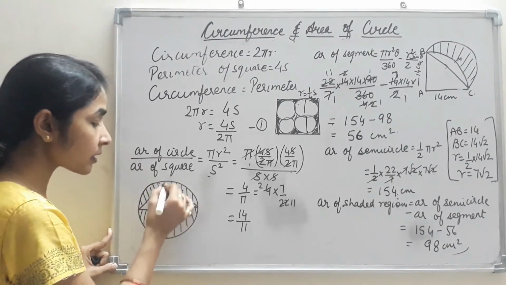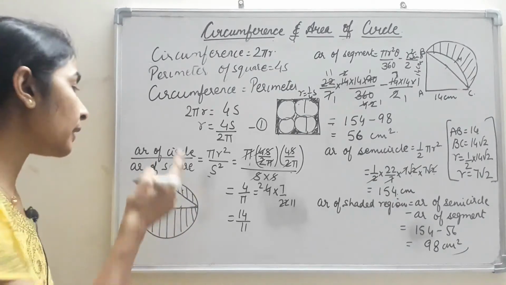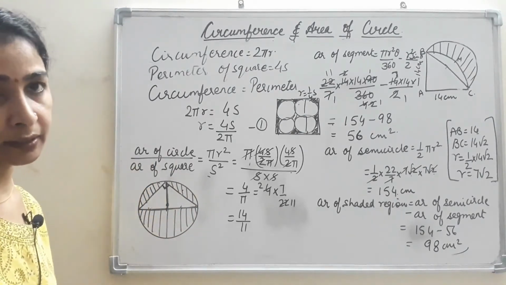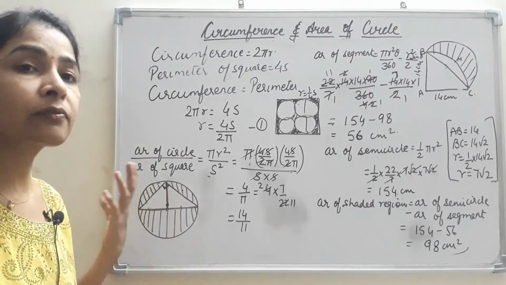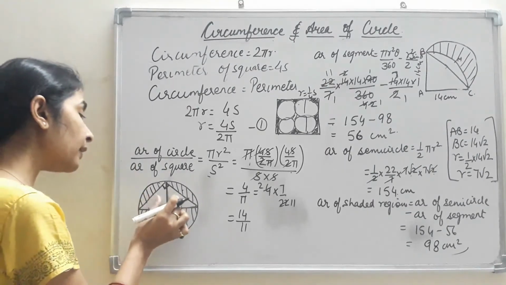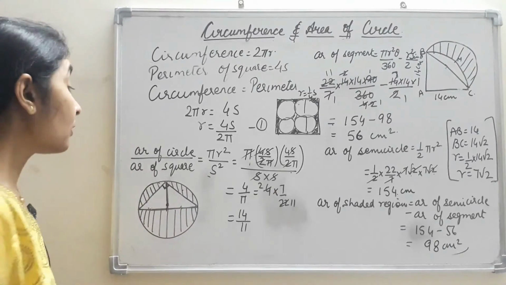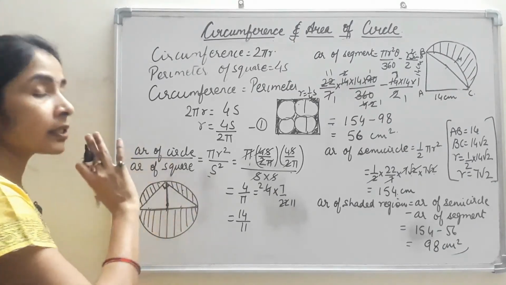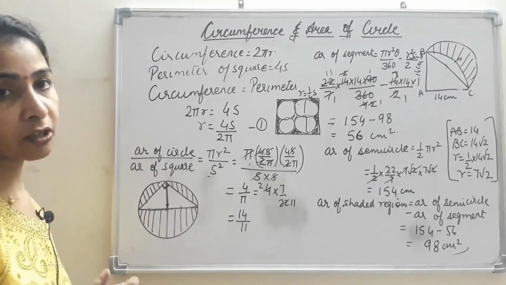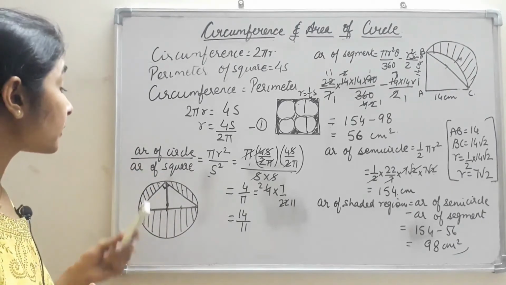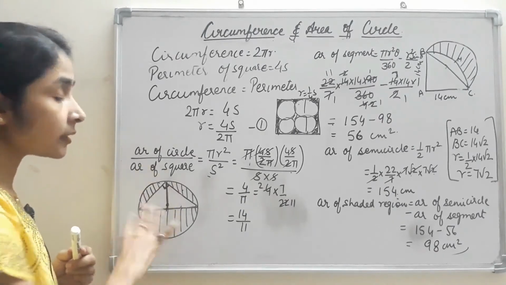So half base into height will give you the area of this right triangle, which is very easy to find. So find the area of this right triangle and the area of the circle. From the area of the circle, just subtract the area of this right triangle. You will get the area of the shaded region.